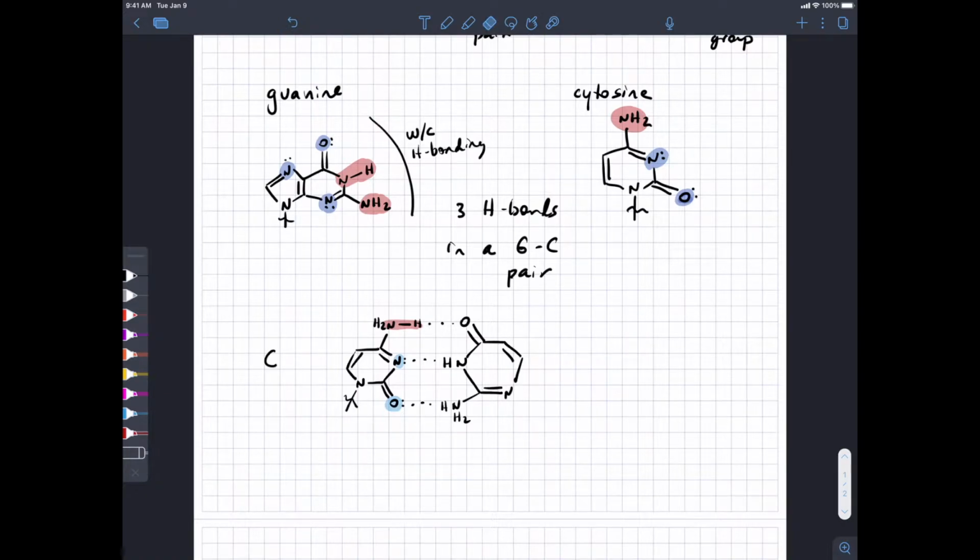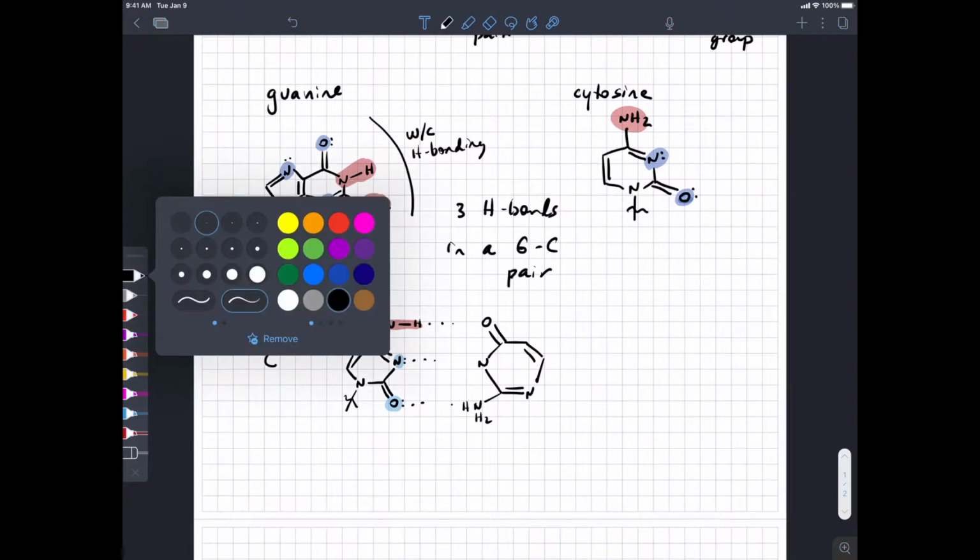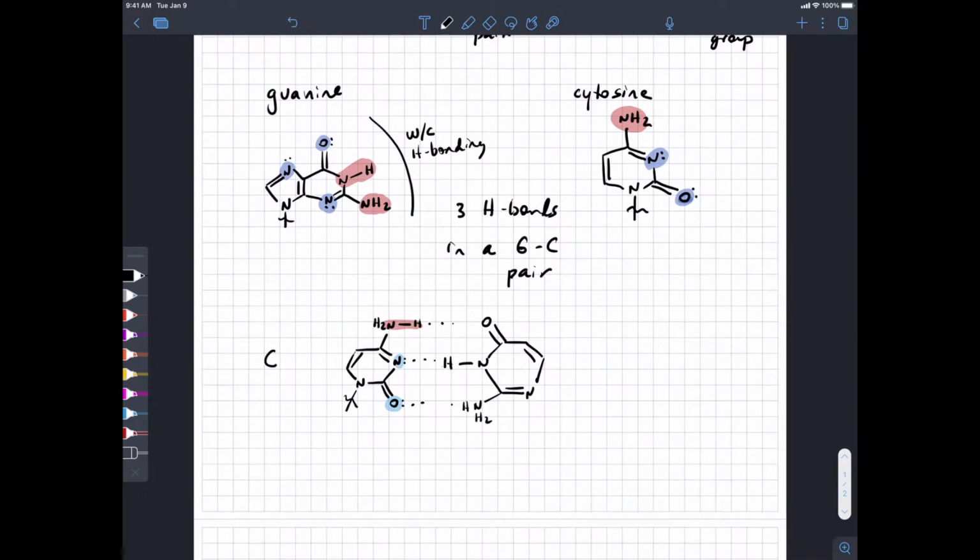And I kind of sort of wanted to show the sigma bonds a little more clearly, so maybe we'll just make a little bit more space for that. All right, and then the rest of guanine is here.